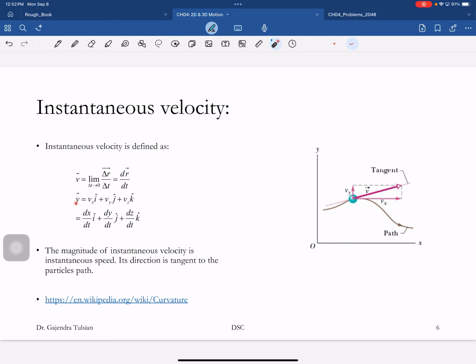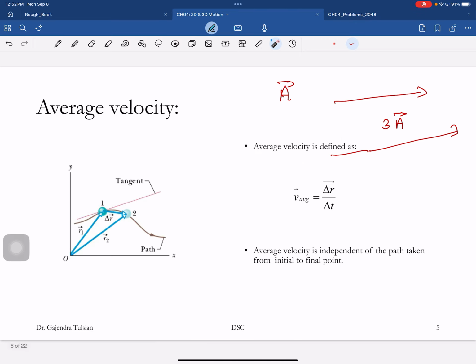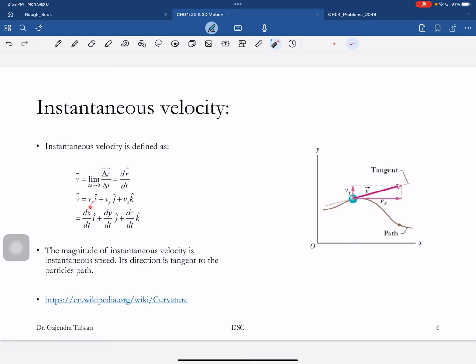So the velocity is the x component of the velocity plus the y component of the velocity plus the z component of the velocity, which is equal to dx by dt i plus dy by dt j plus dz by dt k.